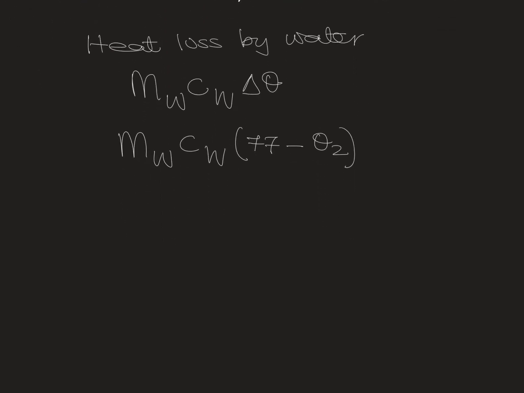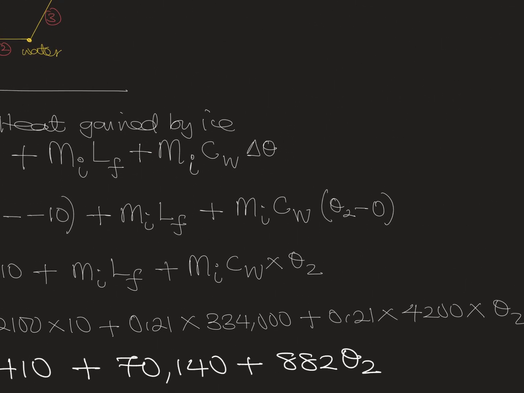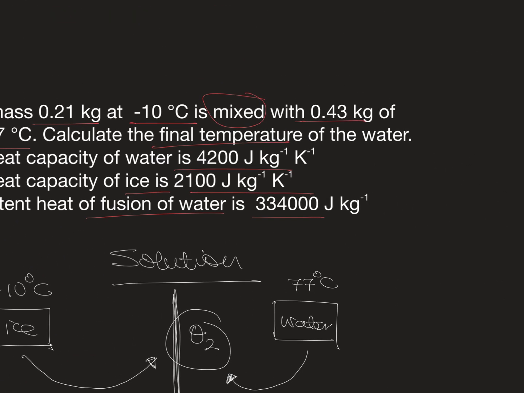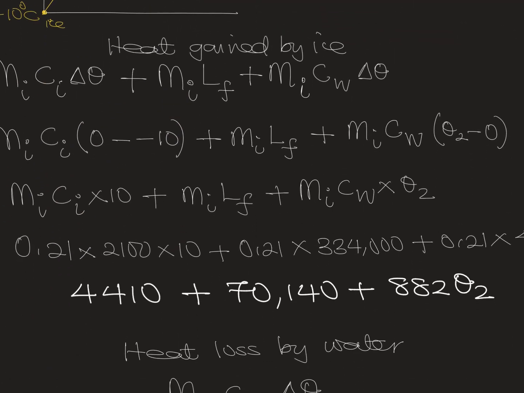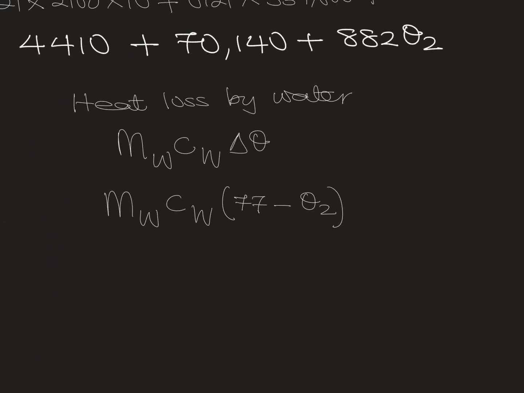So going by this formula, what is the mass of the water given in the question? It is 0.43 kilograms of water. So 0.43 kilograms times the specific heat capacity of water, 4,200, into 77 minus theta 2.